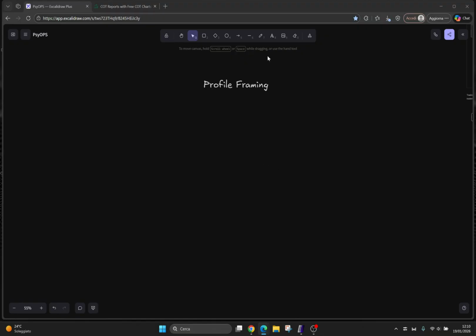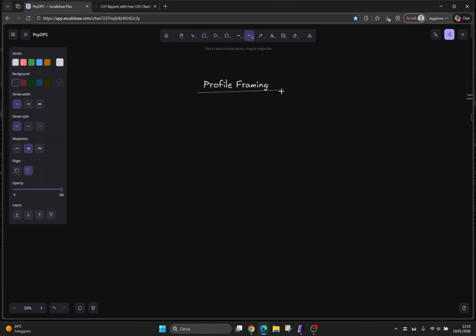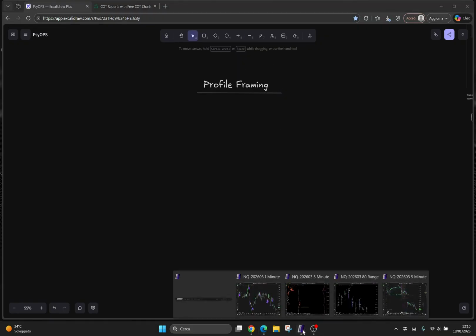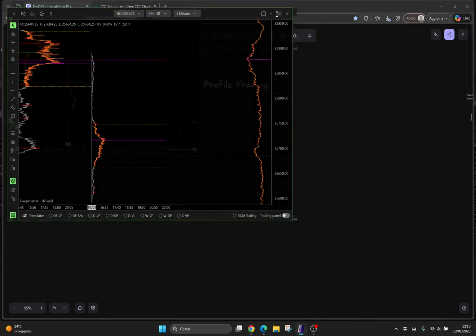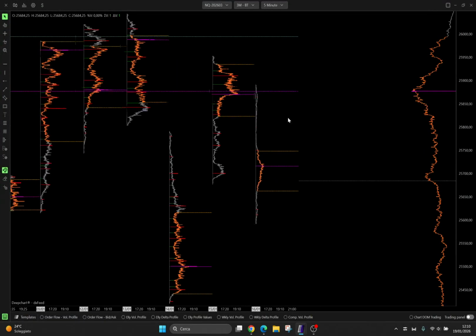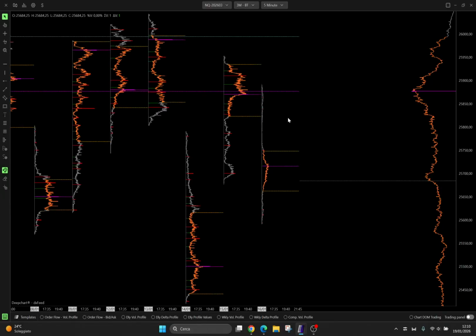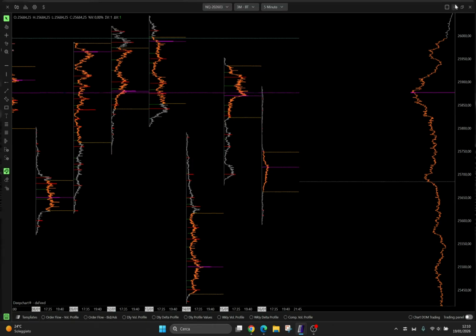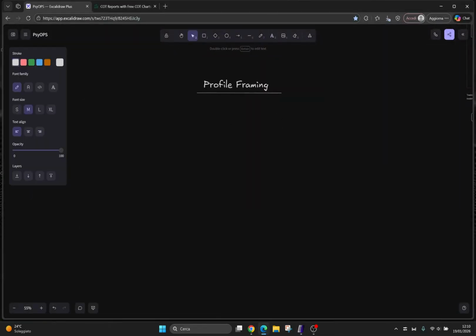Usually we do profile framing on Monday that requires this template, okay? This template is the one I use to understand who is in control for the week, which areas are the most sensitive. And this is the template that summarizes the volume of the cash session.